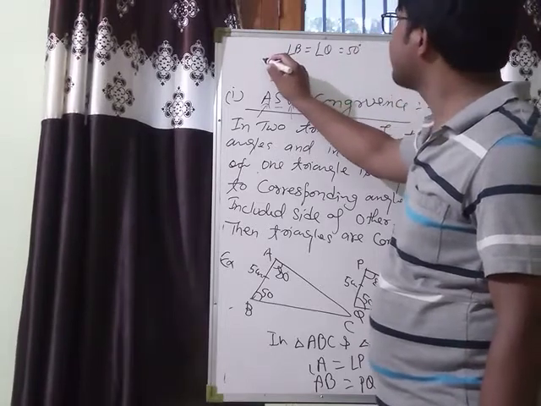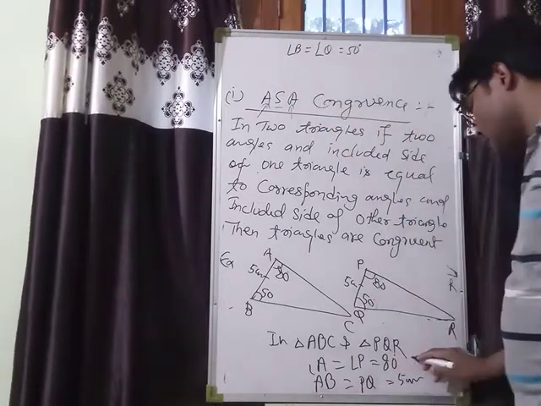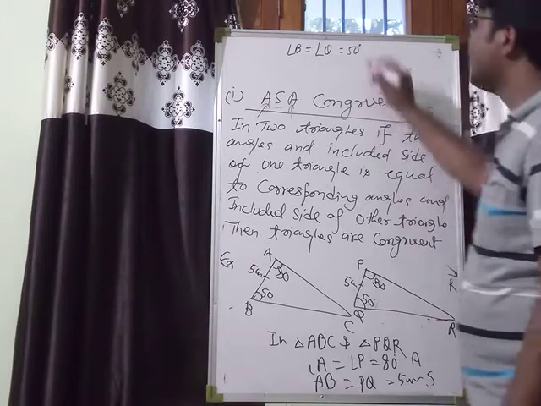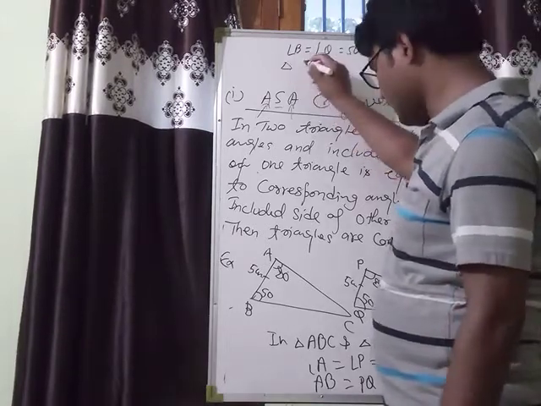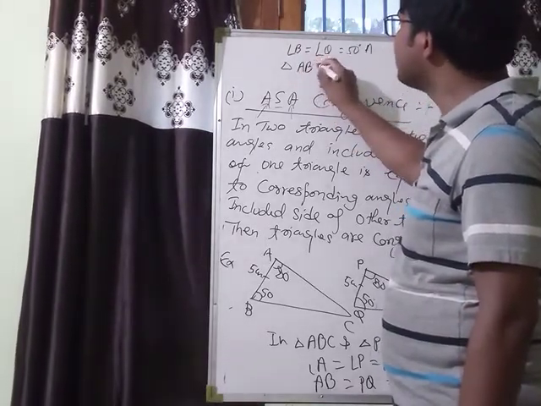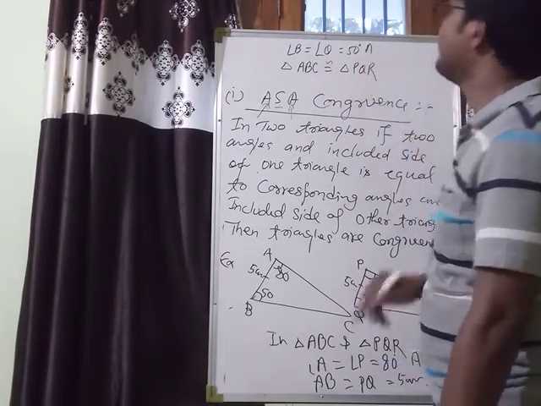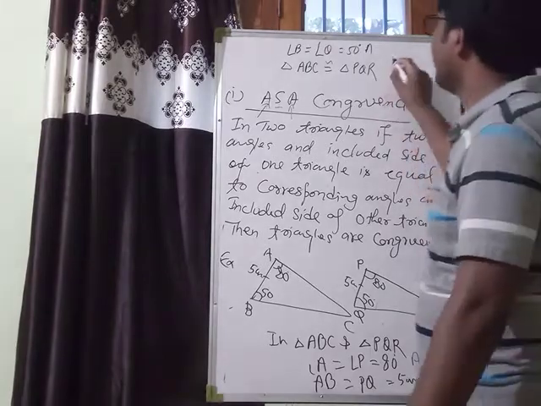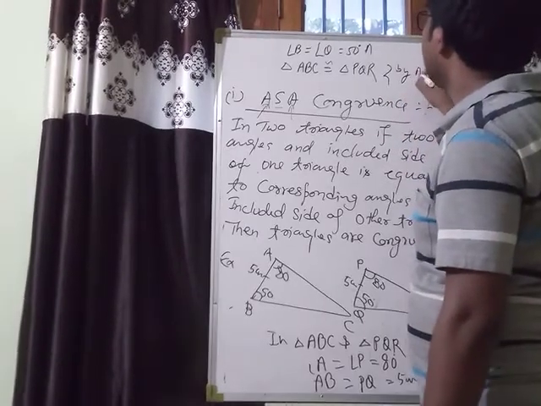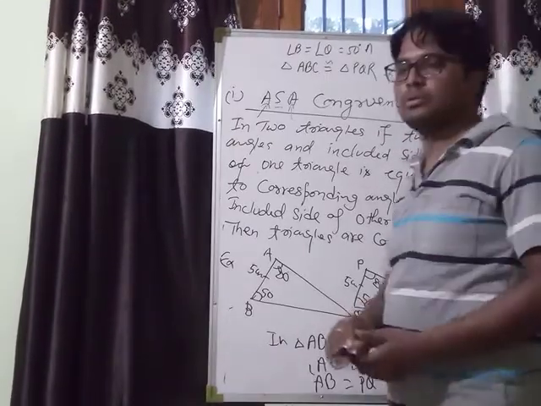Clearly this is the angle side angle property. Triangle ABC is congruent to triangle PQR by ASA congruency.